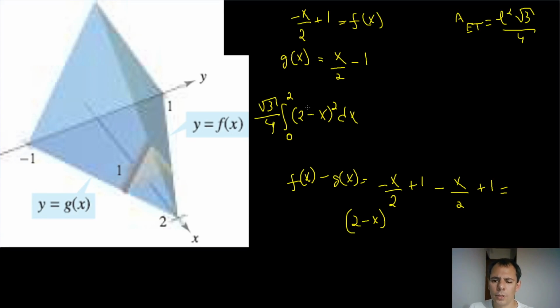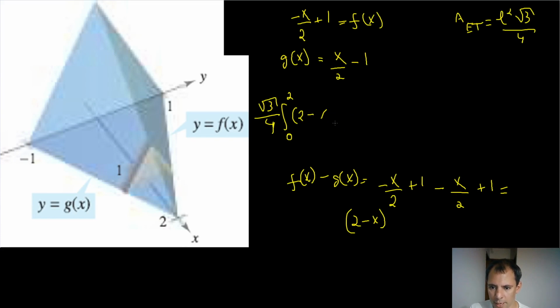And I could do that thing, you know, we're going to integrate with respect to this. So it's going to be 2 minus x cubed divided by 3 and divided by the derivative of the first one. I could do that, but I'm not going to. Okay, divided by the derivative of the inner function here, which is going to be minus 1. So it's like this, but I'm not going to do that. I'm actually going to develop this thing here.